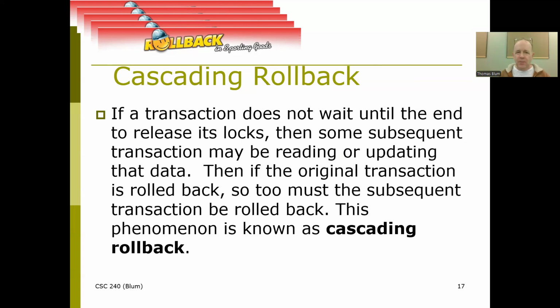So we want not only successful transactions not to interfere, but we don't want any unsuccessful transaction to cause problems for what seem to be successful transactions. So we want to avoid the cascading rollback problem.